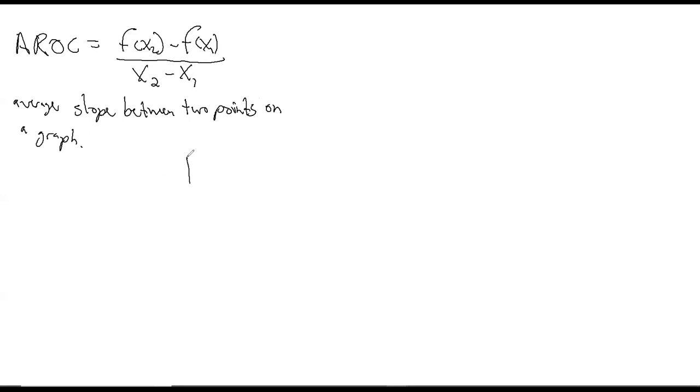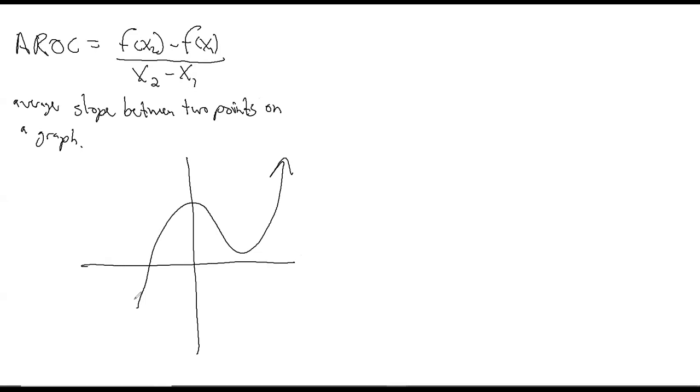Let me give you a visual representation of what that means. So here's a random curve. Let's say we had point 1 here, and then point 2 here. We'll call these P1 and P2.